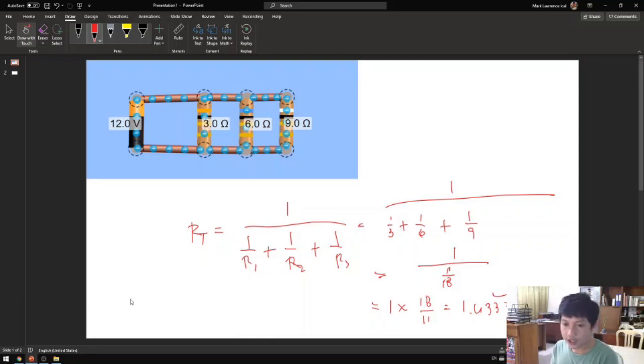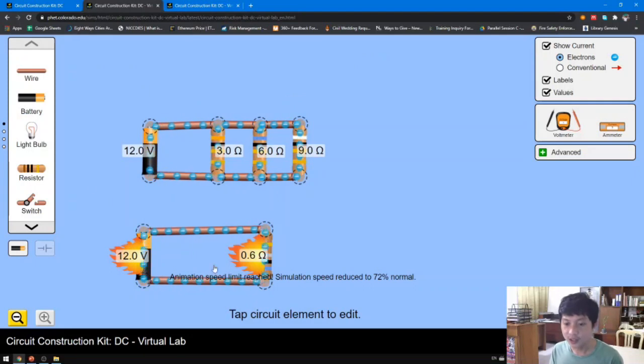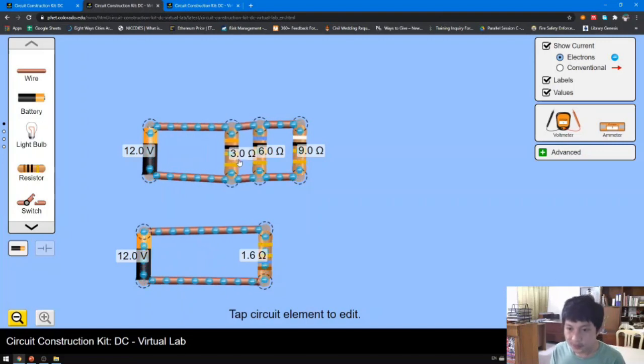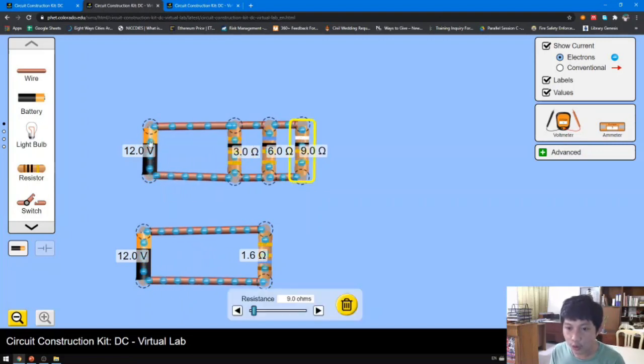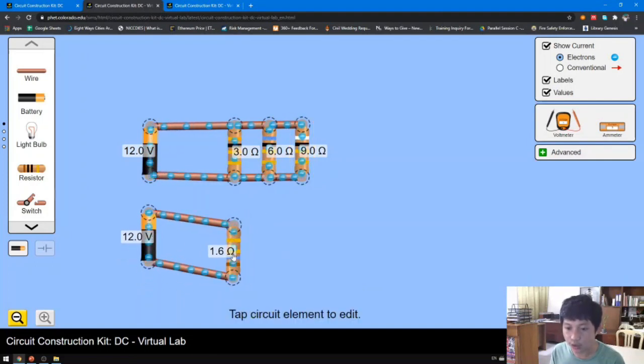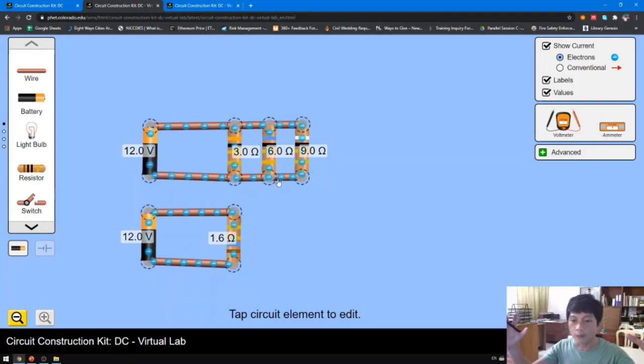Now, this is what's important, the thing that you're going to see here. Because what we did is basically adding up all these resistors together.